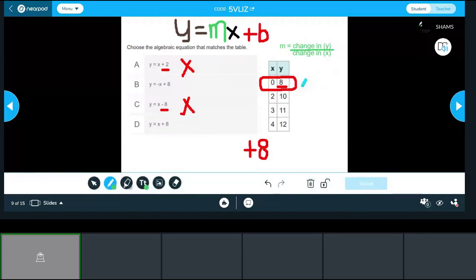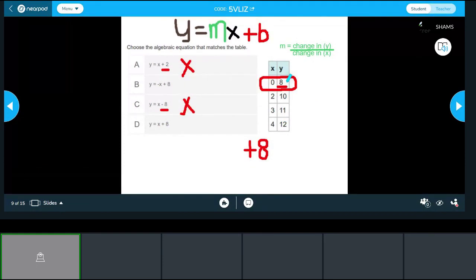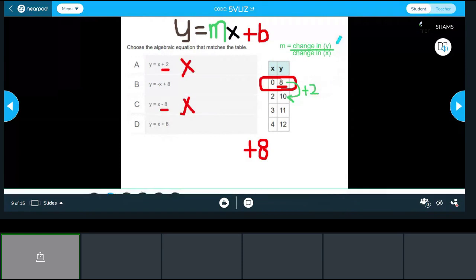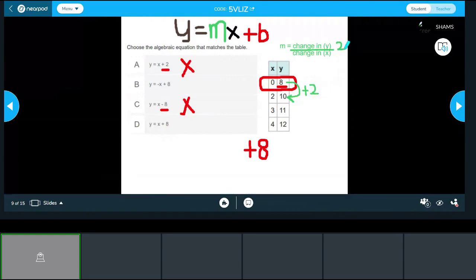The change in y. Let's see the change in y. I can pick any two numbers to find change in y. I'll still go ahead and pick the top two numbers. From 2 to 10, how much is the change in y? It is adding 2. Right? So I can say 2. And how much is change in x?